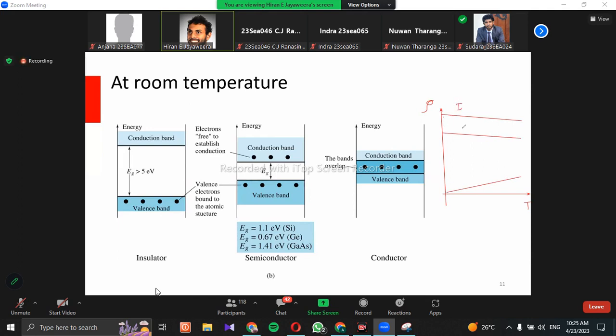So this is insulators, this is semiconductors, this is conductors. When you increase the temperature, this is what happens to the resistivity. So can you explain why the resistivity is decreasing for insulators? When you increase the temperature, why does resistivity decrease? Any idea?